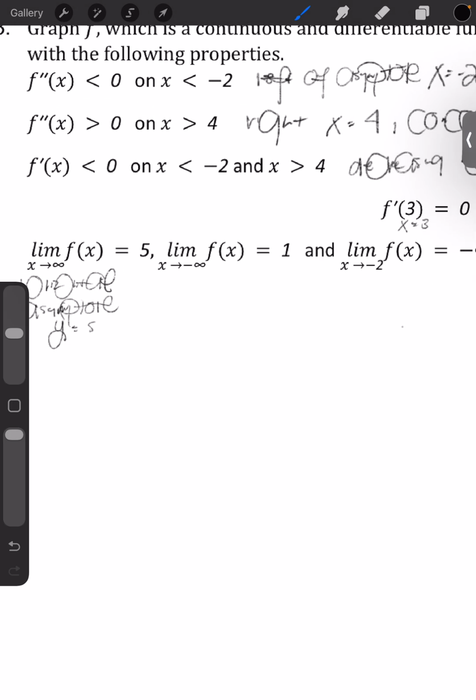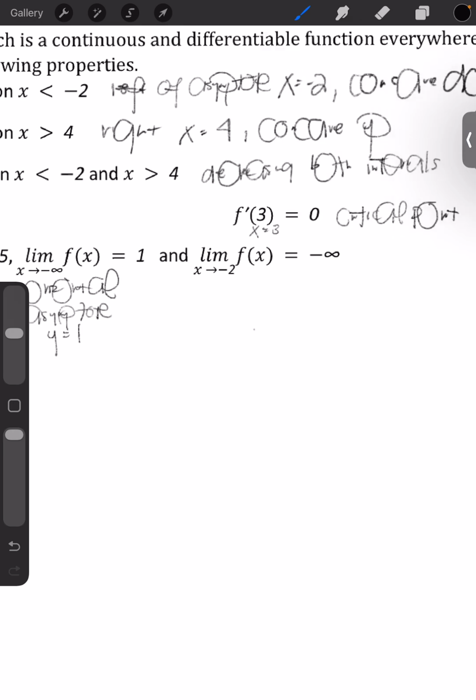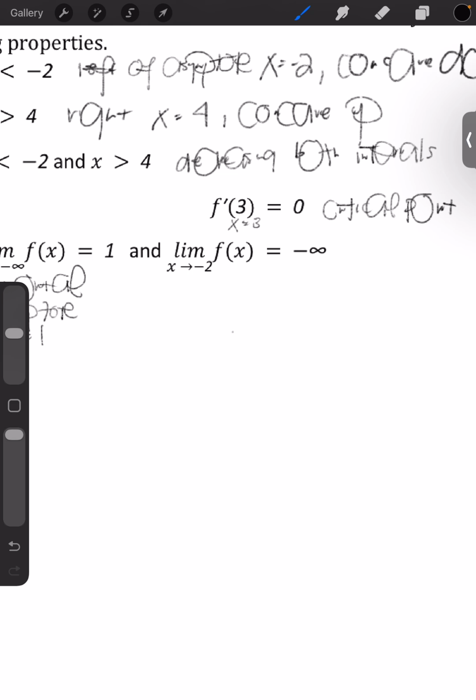And as the limit of f of x approaches negative infinity, it is equal to 1. So we have another horizontal asymptote, y equal to 1. And as the limit of f of x approaches -2, it is equal to negative infinity. And we actually have a vertical asymptote here.